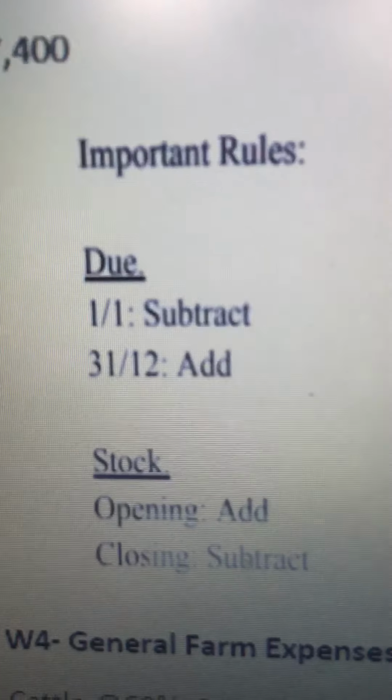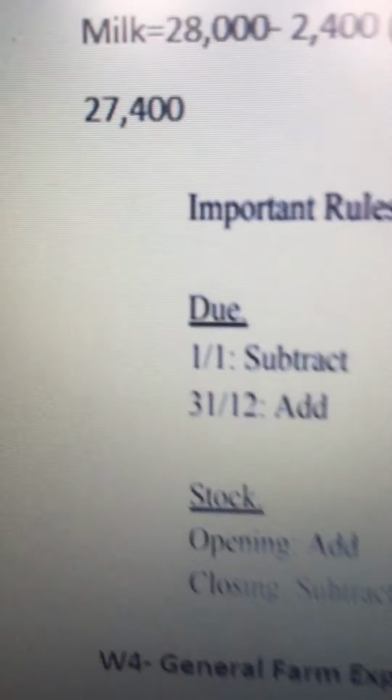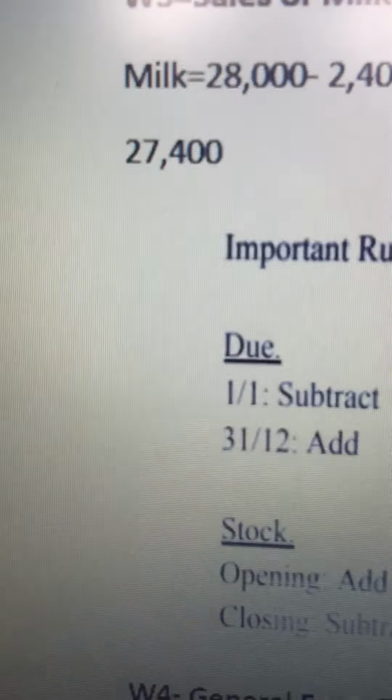At the very end of the year, there's also a check due, so we add it. So for this working, it tells us milk is 28,000. We subtract the milk check at the beginning of the year, because it's due, and then we add the check at the end of the year. It is also due, and our overall value then for milk is 27,400.